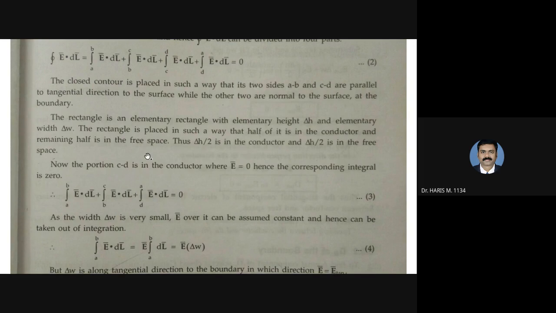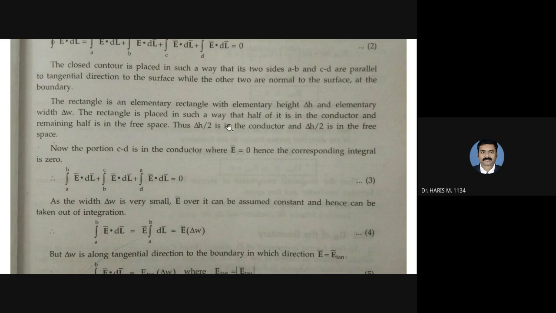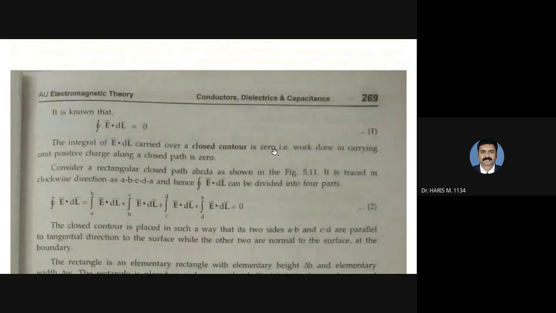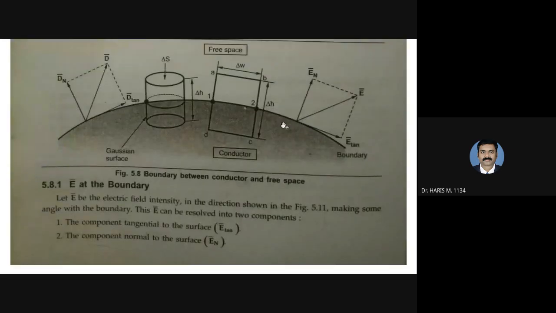So the rectangle is an elementary rectangle with an elementary height. The total height of the rectangle is considered to be delta H, which means the difference between the highest point and the lowest point. And the elementary width, did you note down the elementary width? It's nothing but the distance between A and B, delta W, and the distance between C and D will be the same.